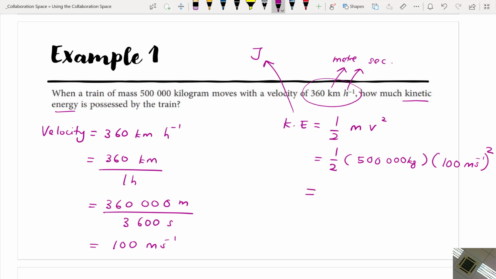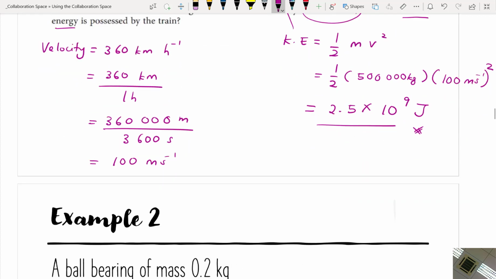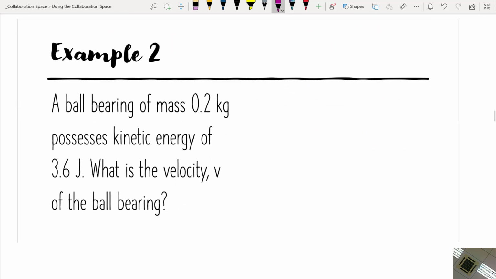Don't forget to square it. And you use the calculator and you get the answer, to the power of 9 joule. So that's the answer. Let's try another example.